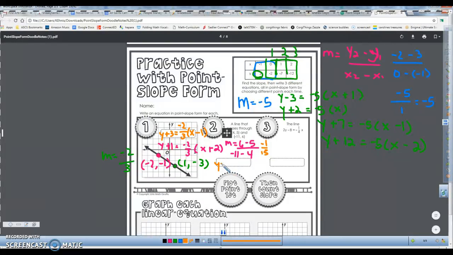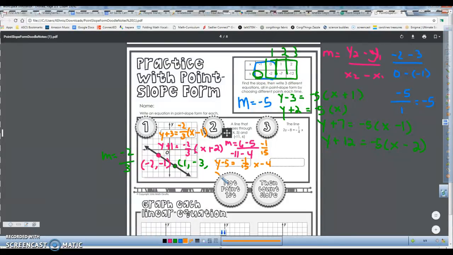So I could have y minus 5 equals negative 1/15 times x minus 4.